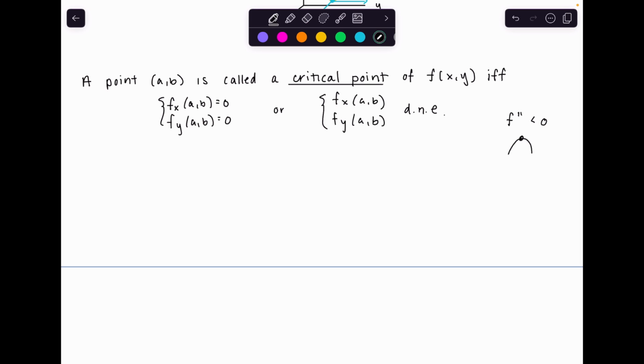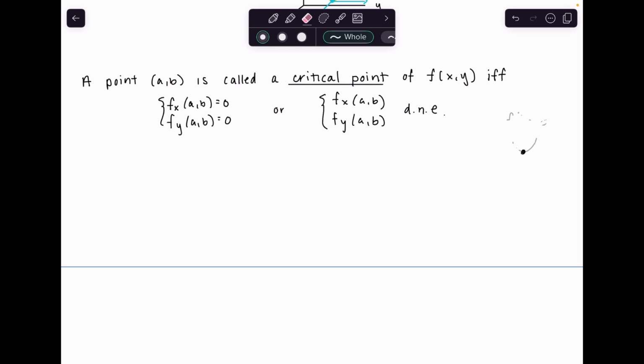If the second derivative was positive at that point, it was concave up and you would have a local min. The problem for us is that for our second derivative, we have a bunch of partials. So it's a little more complicated as to what goes on here.